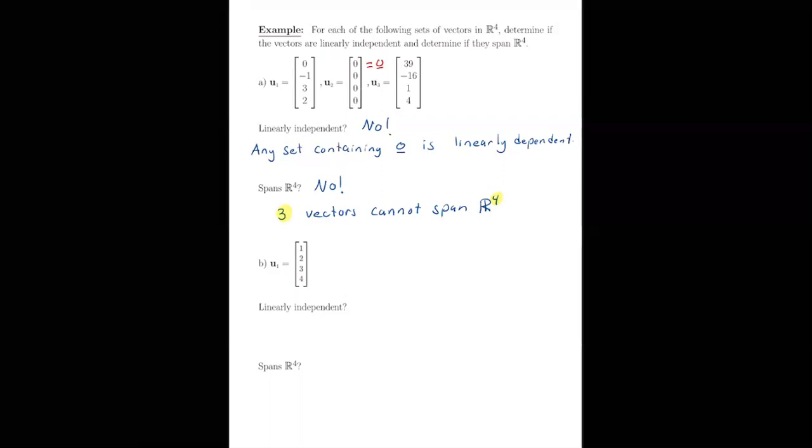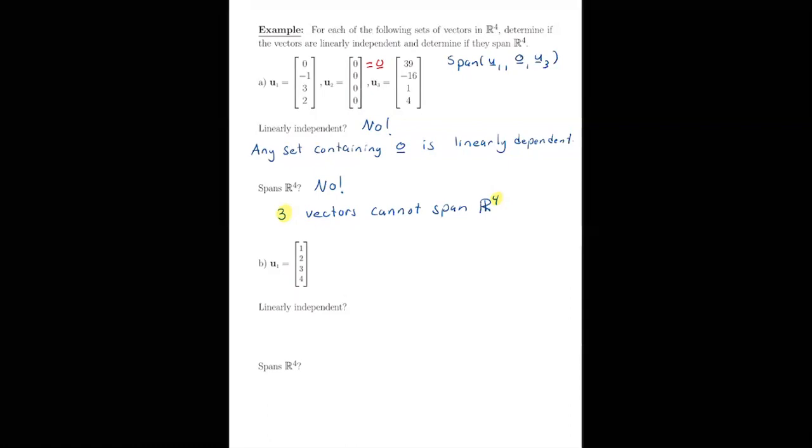Now this example actually gets a little bit worse because here we have the 0 vector. And so here, what we're actually considering is the span of U1, 0, and U3.